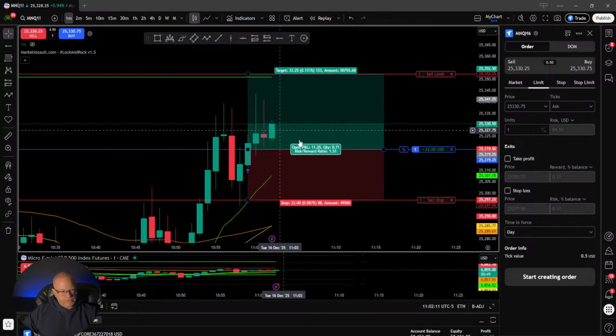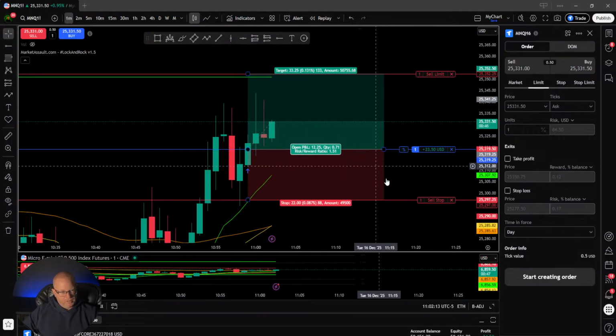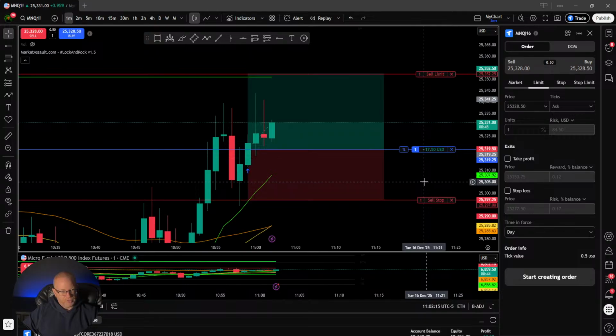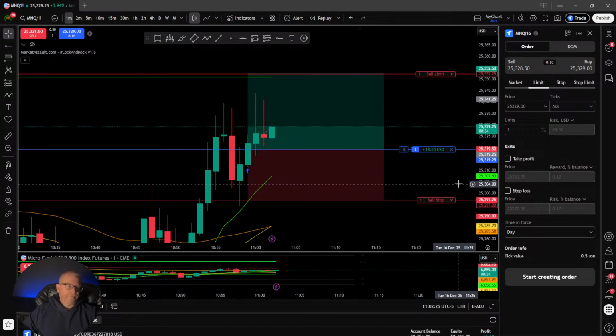These pin bars don't excite me. A lot of downward pressure. Yeah, it's true.